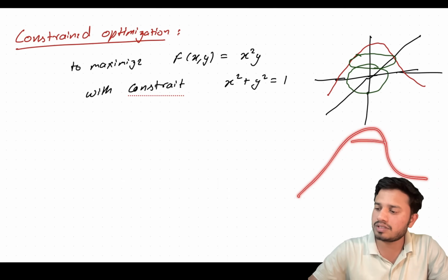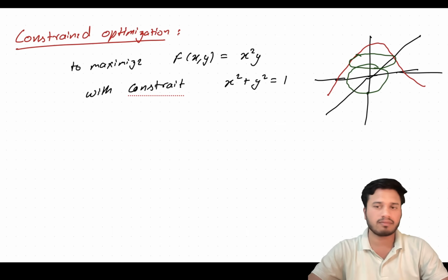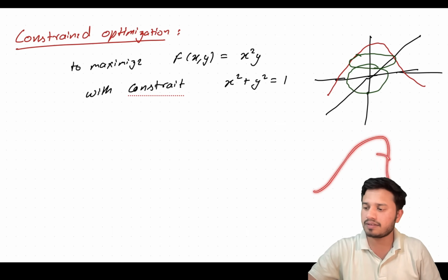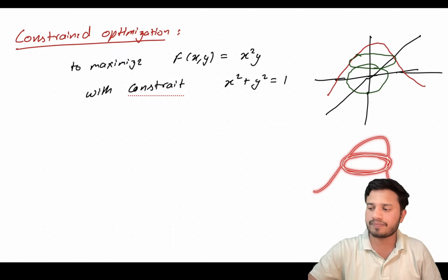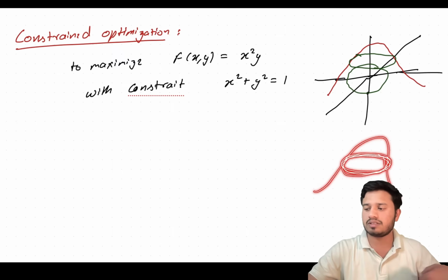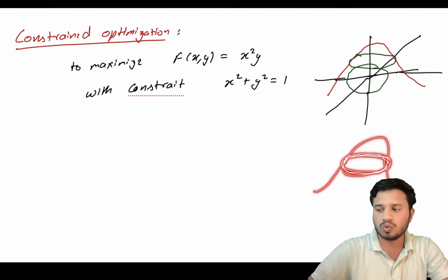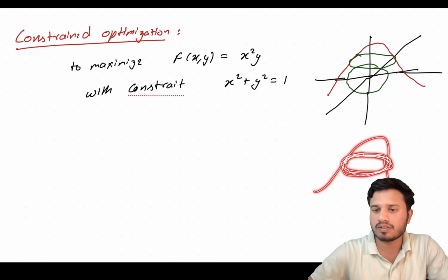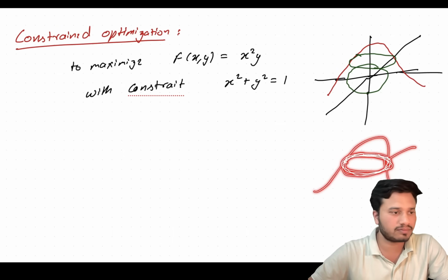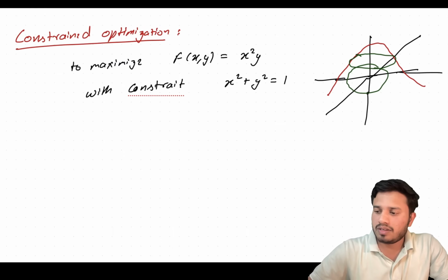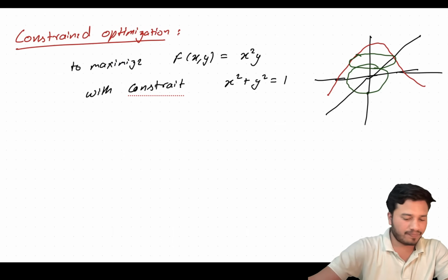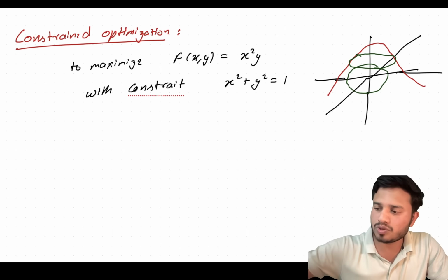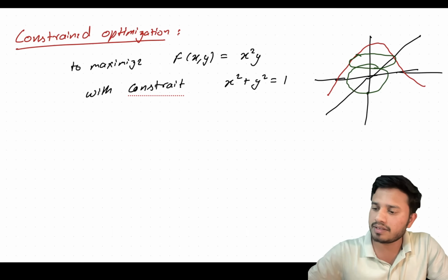You fix some height. This is the level curve, the contour of this curve, a particular contour. So just project, just take a bird's eye view from here.